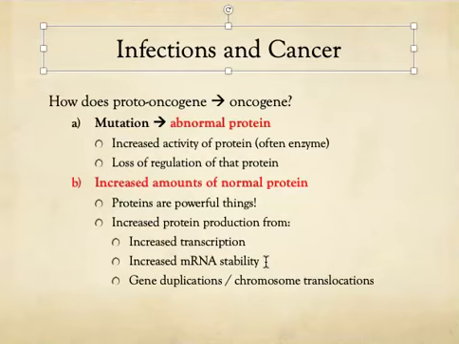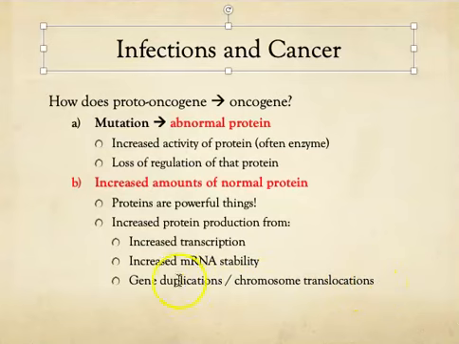And sometimes this is due to strange mutations involving entire chromosomes. Remember, sometimes genes get duplicated. Sometimes the entire chromosome breaks apart and reassembles, and you get translocations.